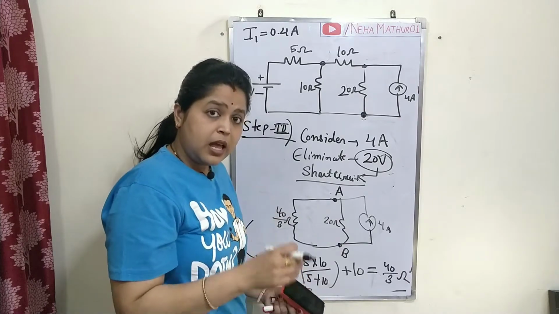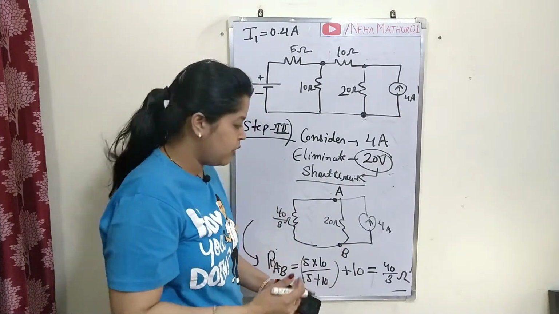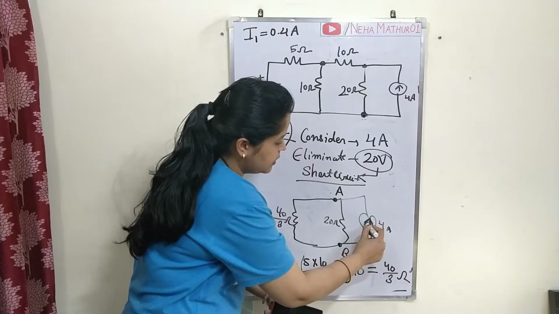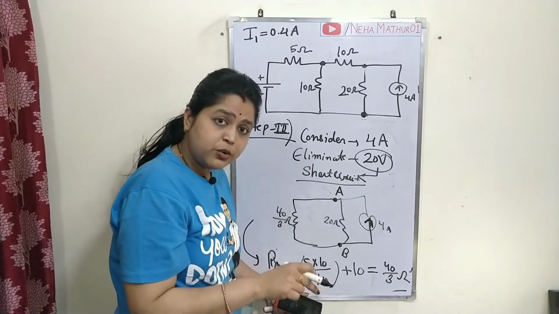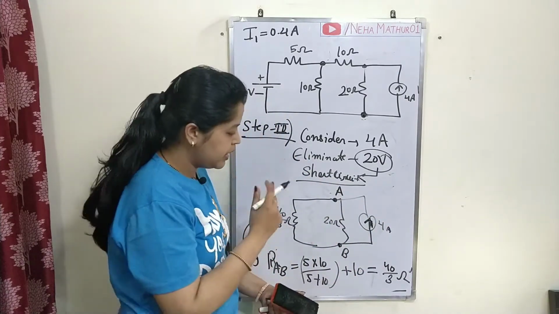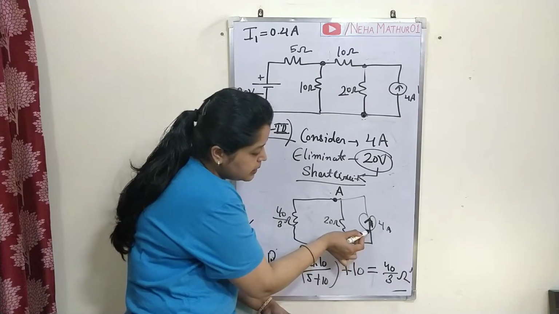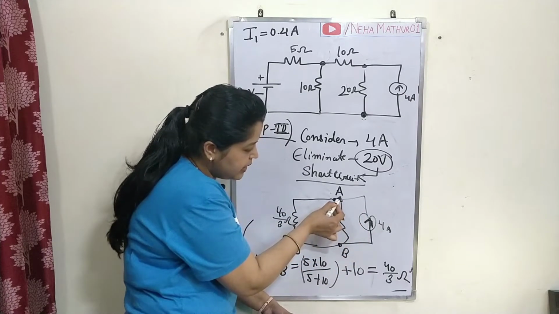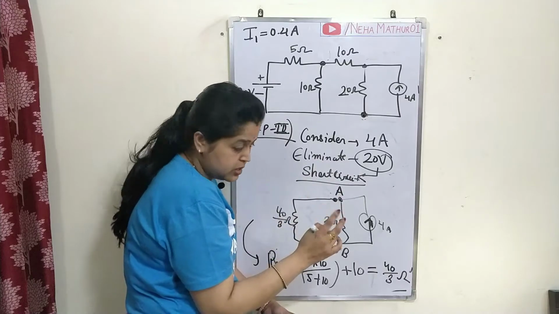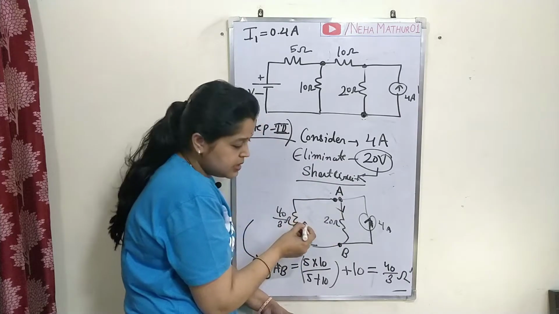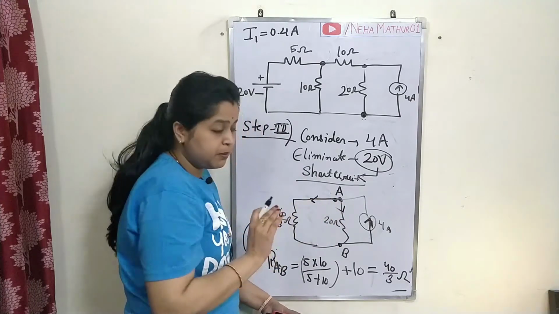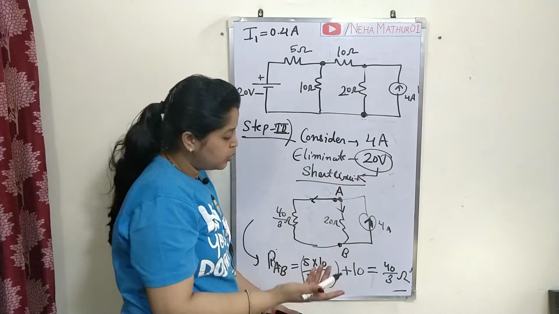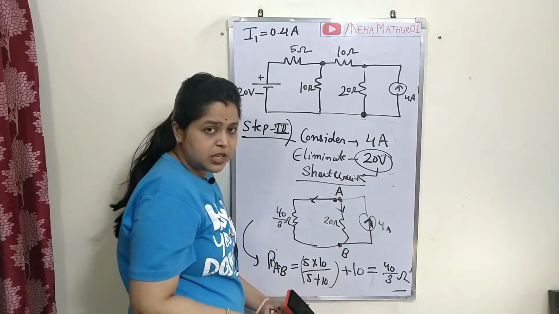Now again, as per the concept of the current division rule, you will have to apply the current division rule over here, because the current coming over here is divided into 2 branches. The first branch is this and the second branch is this. But our task is to calculate the current across this resistance only.